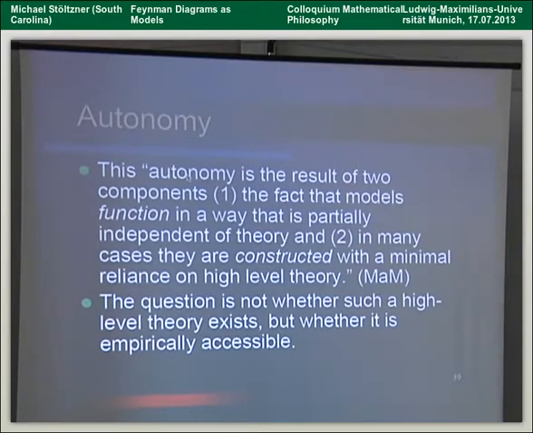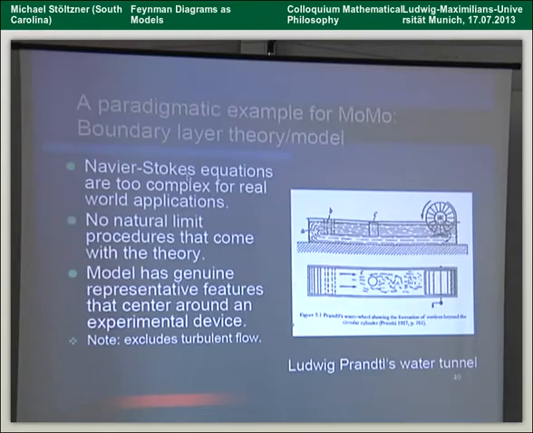You just write down a Lagrangian and then I tell you quantize it. That's a theory that's there, but in a way it's also not there because you can't do anything with it, okay? So that's why models are independent of a theory and are constructed not with well-defined limits from this theory, even if the theory is there.